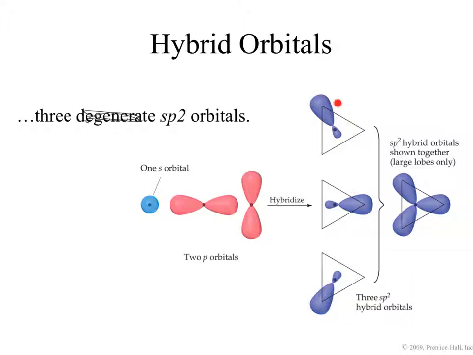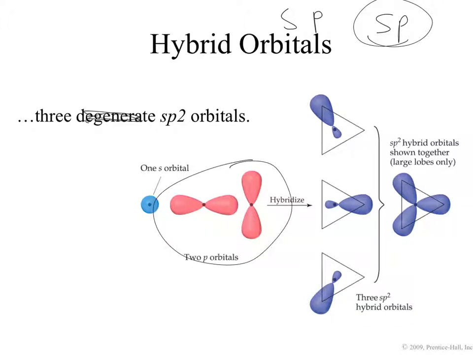And each baby will have some s characteristics and some p characteristics, but we're going to call these babies sp2 orbitals because they're made from one s and two p's. Remember in the previous one, we called them sp orbitals because these babies were made from one s and one p. These are made from two p's, so the babies that they make are called sp2. And there are three of them, so the number of possible hybrid orbitals you have is the sum of the number of s's and the number of p's that have electrons in them to begin with.